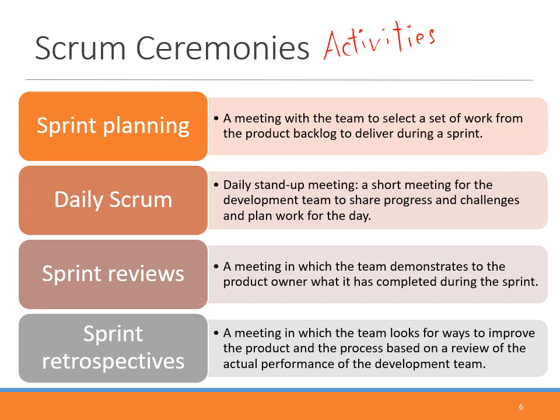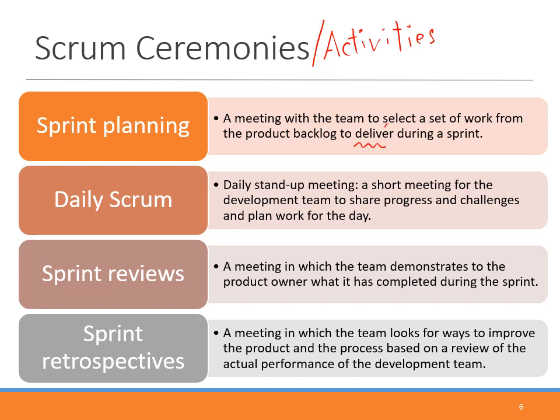Okay. So the first thing is the sprint planning. Remember, it happens on the very first day of the sprint, because then you as a whole team, all the roles, Scrum Master, Scrum team, and also product owner, must be together in the meeting to make a sprint planning so that we can select a list of work from the product backlog to implement during the sprint, and then deliver at the end of the sprint.